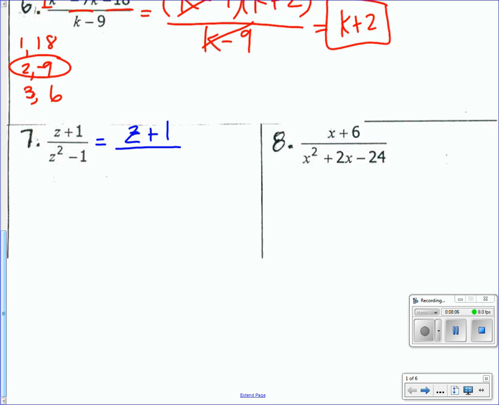So then you just take the square root of each, and one's plus, one's minus. So it'll be z plus 1 times z minus 1. Then we have a common factor of z plus 1s. And since z minus 1 is in the denominator, will my answer be z minus 1 or 1 over z minus 1? Good. 1 over z minus 1.